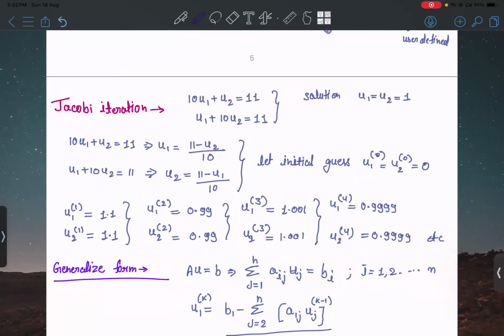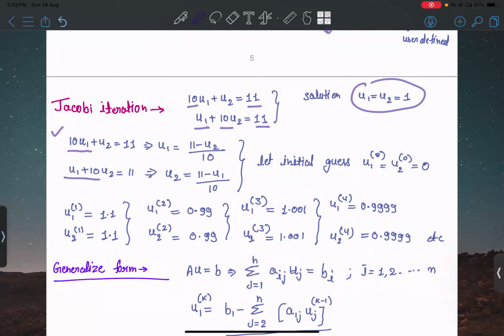Here we have taken two linear equations: 10 u1 plus u2 equal to 11, and u1 plus 10 u2 equal to 11. By seeing this, you can say the solution is u1 equal to u2 equal to 1. In Jacobi iteration, we take the first equation for u1 and the second equation for u2.